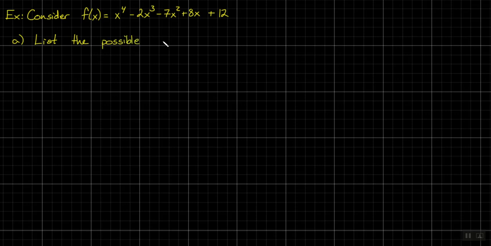I'm going to write this goofy Q here, a Blackboard Q. What does this stand for? Why would a Q stand for rational? Quotients. Ratios are fractions, and fractions are division. These are rational roots. Okay, possible rational roots. I typically write this as pos for my shorthand, Q.